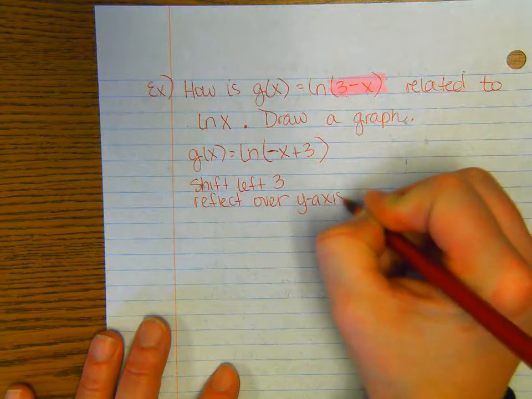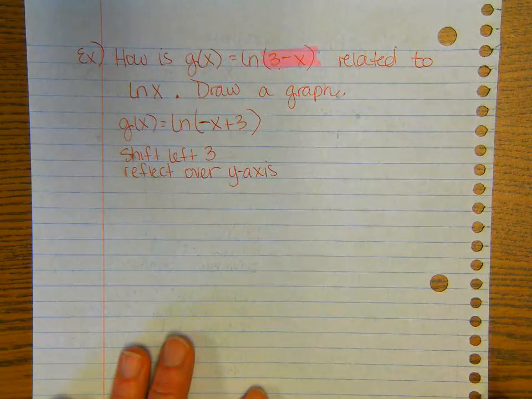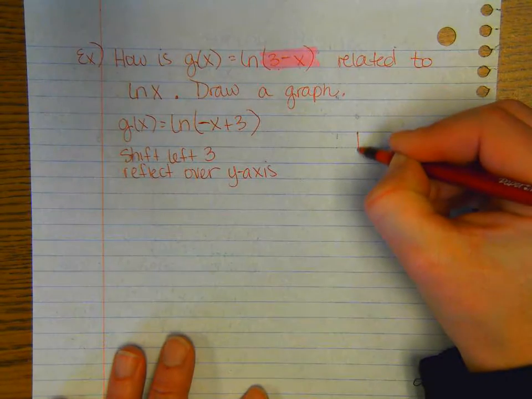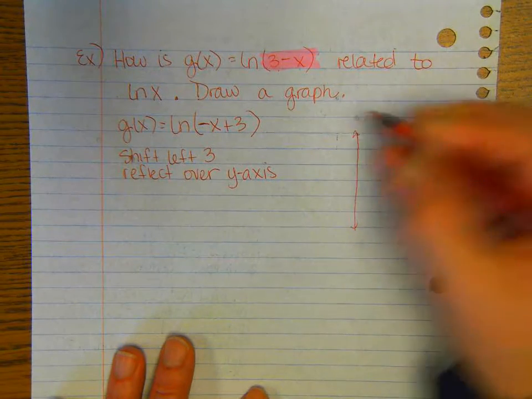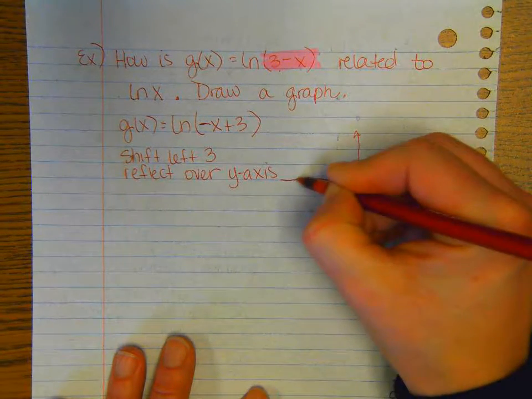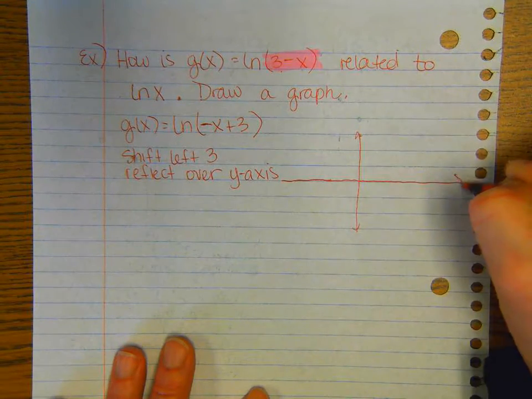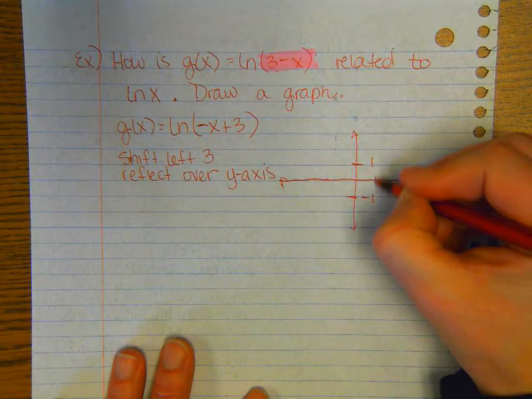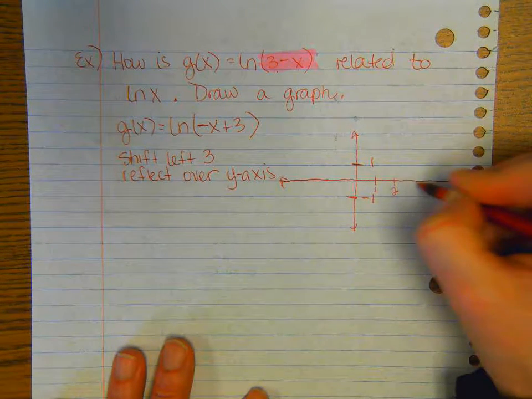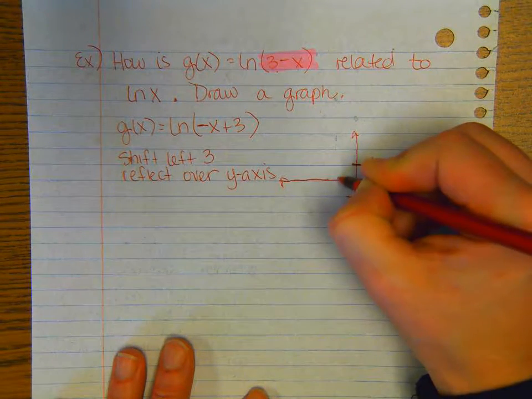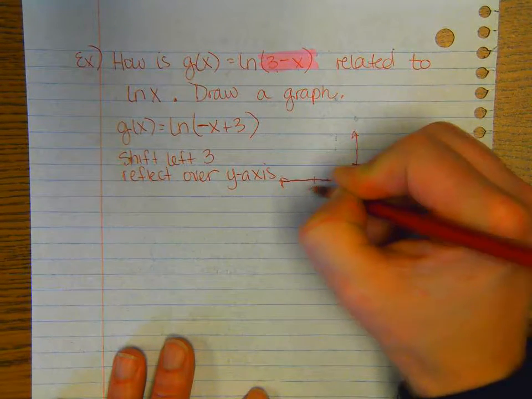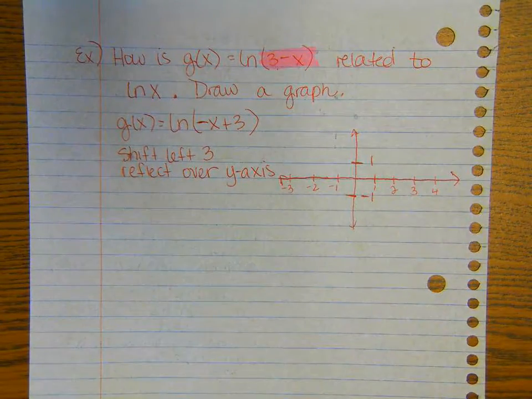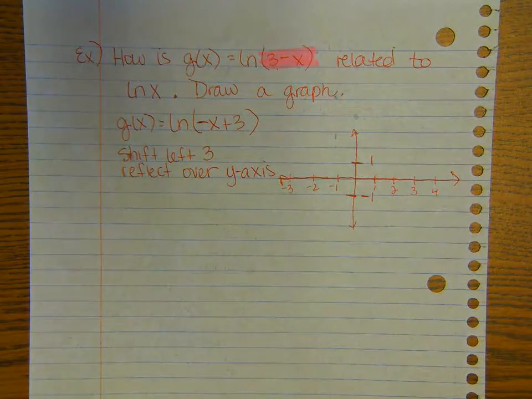Okay. And so now I'm going to draw a graph, and I'm going to use my knowledge of the original graph. One, two, three, four. That's good enough. Okay. Let's very, very lightly on here sketch a graph of natural log of x, before the transformation.